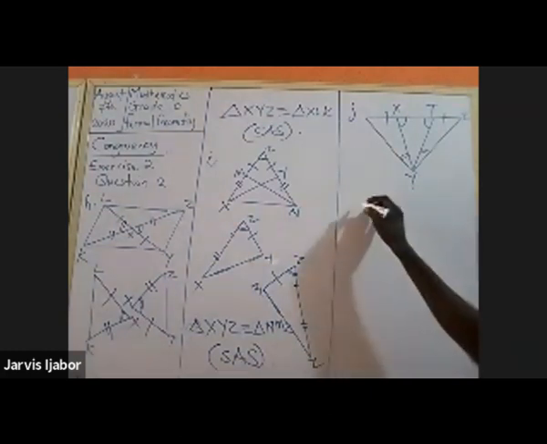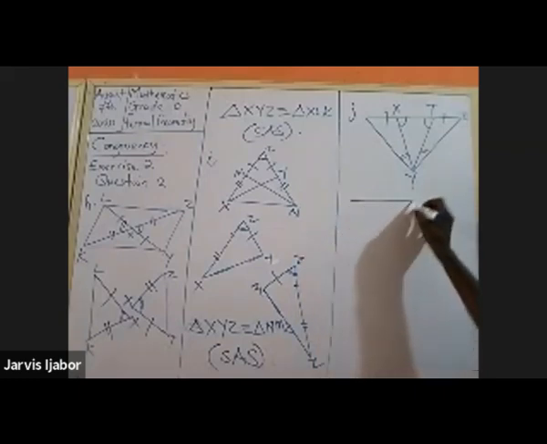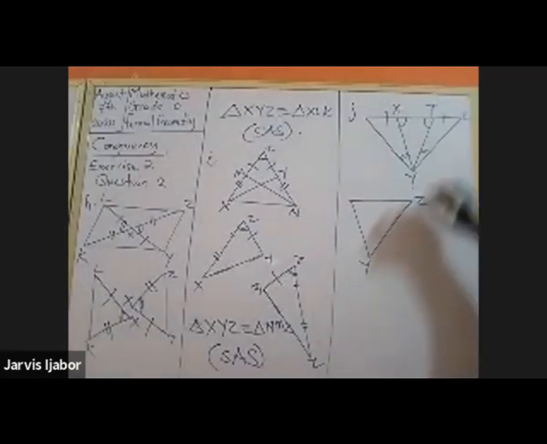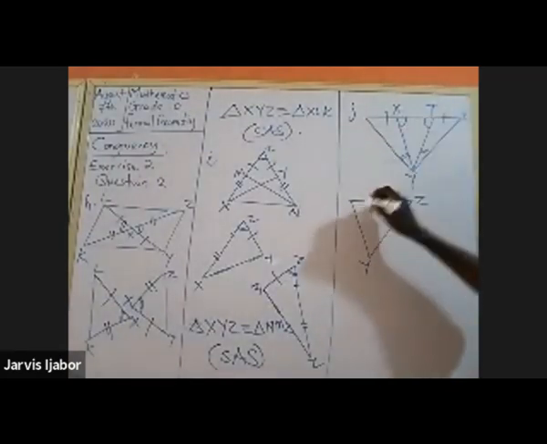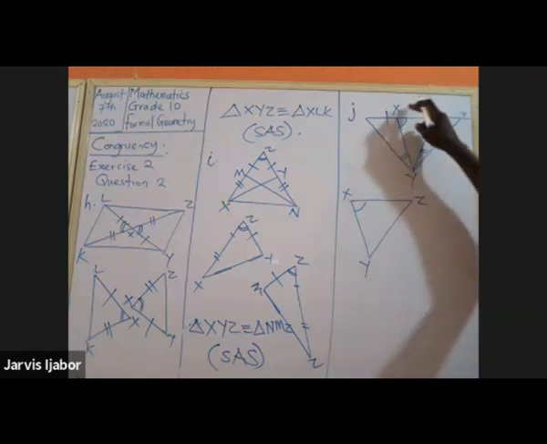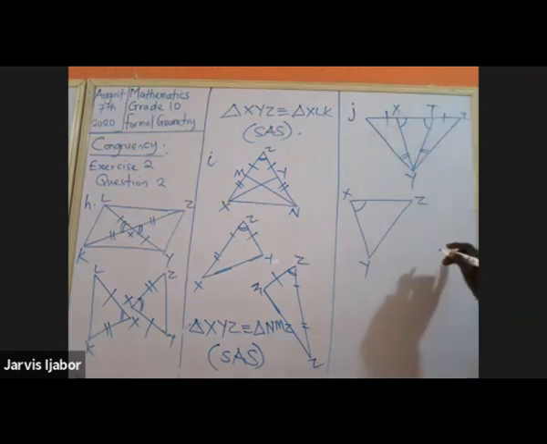So let's look at it. Y, Z, X. I see that. XYZ. Now let's look at the next one.